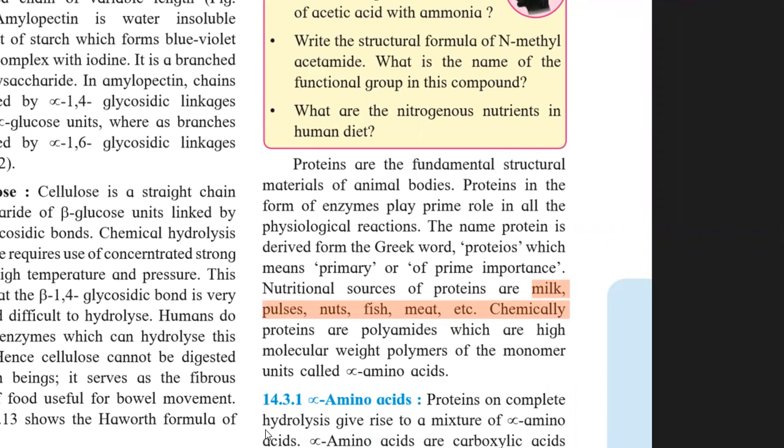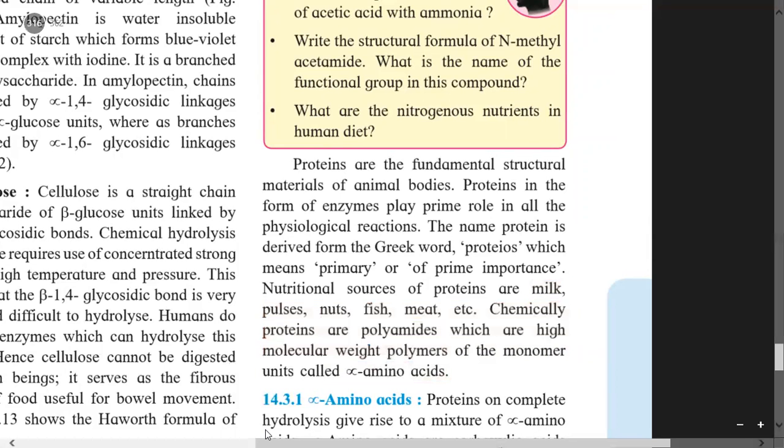Chemically, proteins are polyamides. Poly means many, and an amide linkage means the C double bond O, NH linkage. So these are polymers and therefore they have high molecular weight. The monomers present in protein are called amino acids.